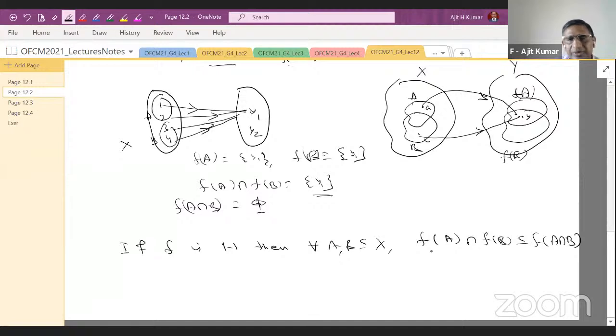So you have a and b in X such that f of a is equal to f of b, and since f is 1-1, a is equal to b. Now, since a lies in A and a is equal to b and b lies in B, a also lies in B. Therefore a lies in A intersection B, and therefore f of a, which is equal to y, lies in f of A intersection B. So in case we assume that f is 1-1, this is also true.